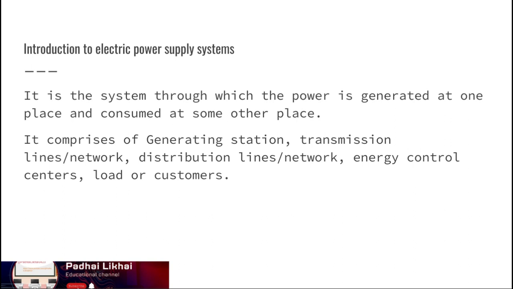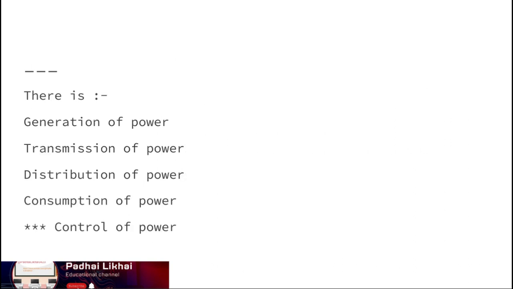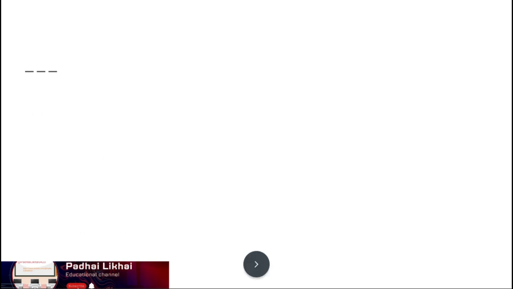So it has several components, starting from the generating station to the transmission system to the distribution system to the control system and to the consumer or the load centers. Okay, fine. So there is generation of power, transmission of power, distribution of power, consumption of power, and of course at several stages in between there is control of power.